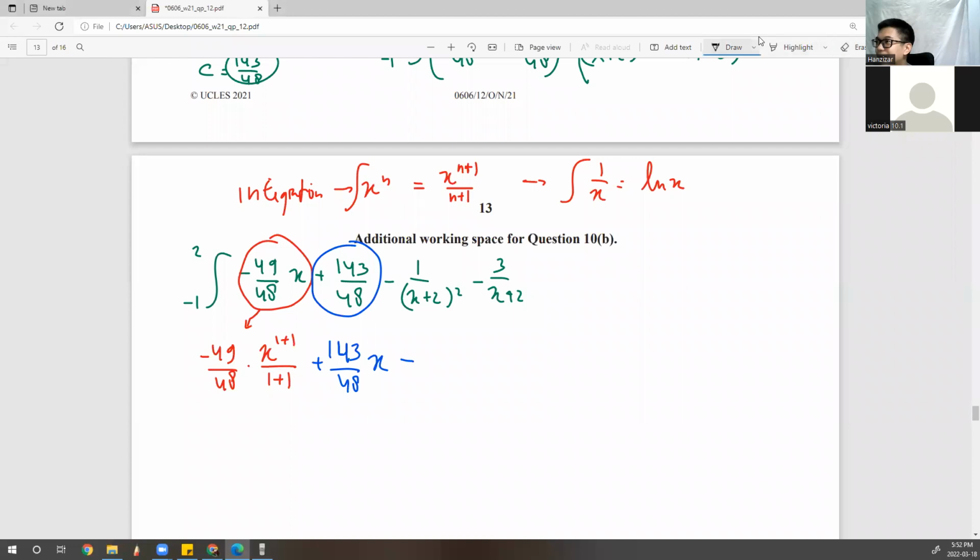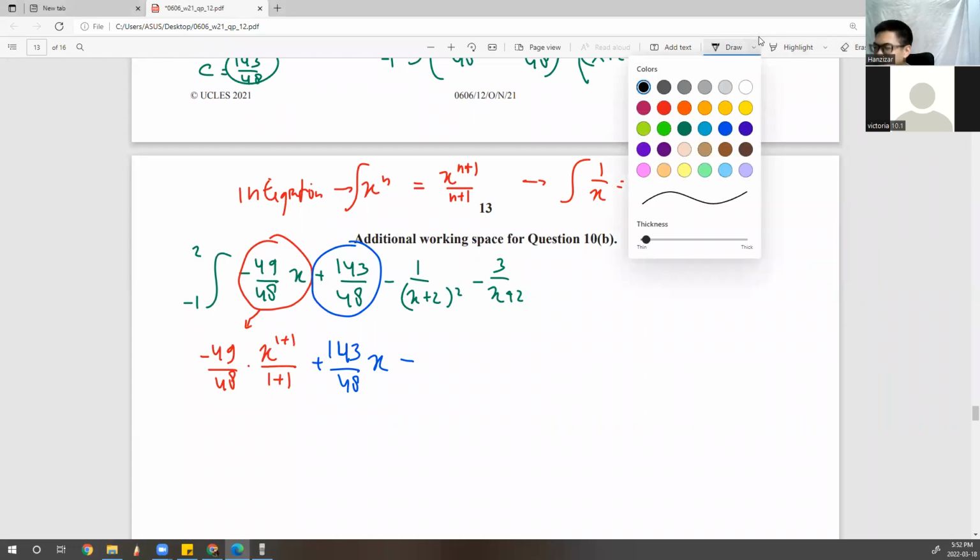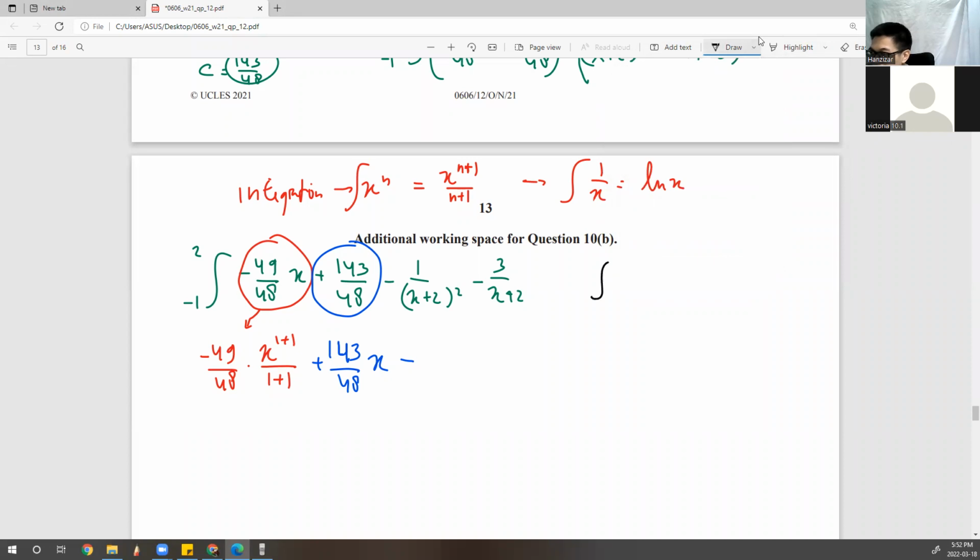Wait, this is easier than what I thought previously. So negative 1 over x plus 2 square can be written as x plus 2 power negative 2, right? If I want to integrate, here x plus 2 power negative 2 plus 1, over negative 2 plus 1, right?